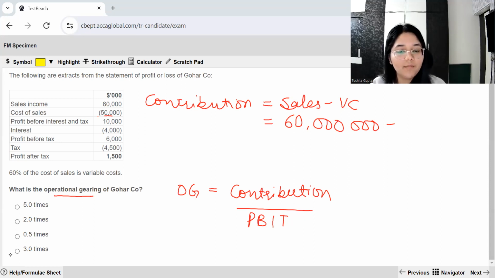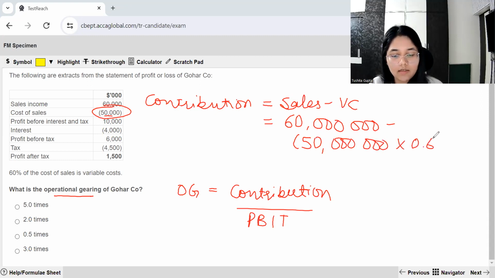So that means the remaining part is the fixed cost. Now I only need the variable cost, so I'm going to take this into 60% because that is the variable cost. So this will be 50 into 0.6. Now this will give me my contribution. So this is my contribution.